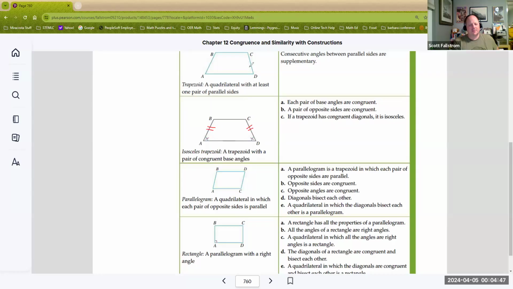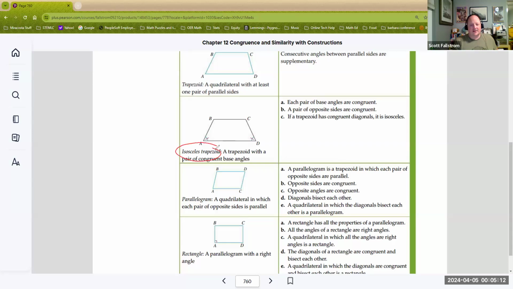It's a trapezoid, and I know the opposite sides are congruent. Does that mean that it has to be an isosceles trapezoid? Which means would it guarantee me that the rest of the pieces have to be congruent? These base angles have to be congruent." Well, let's start with the first one.